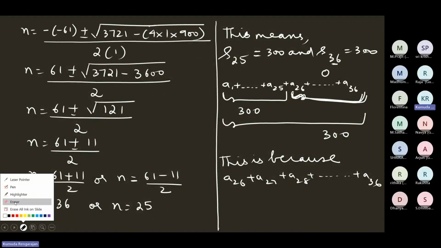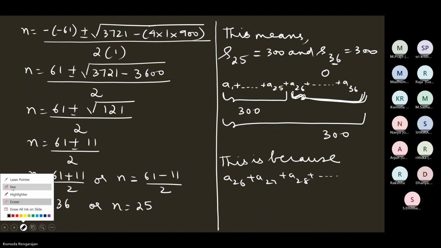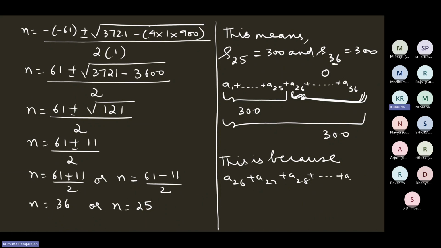The sum is 0. Plus A36, this sum is 0. This is because A26 plus 27 plus 28 till 36, that sum is 0. That's why the double answer. Please complete it, children.